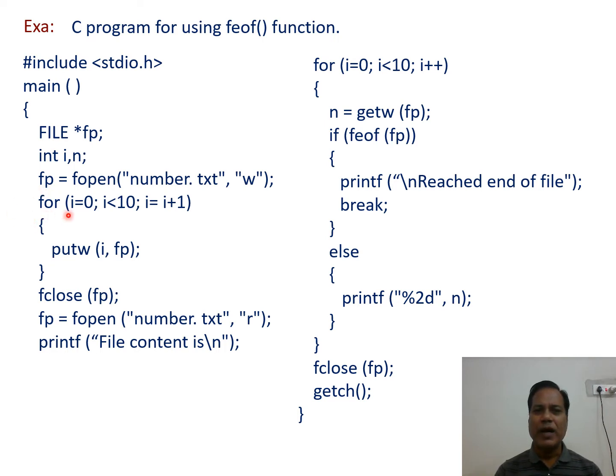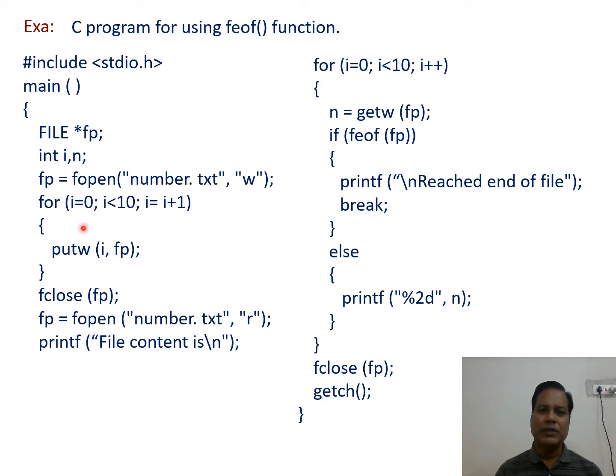Then for (i = 0; i < 10; i = i + 1), using the looping statement, data from 0 to 9 is written in the file. Till this condition is true, putw(i, fp), the value of i is written in the file pointed to by the file pointer fp.